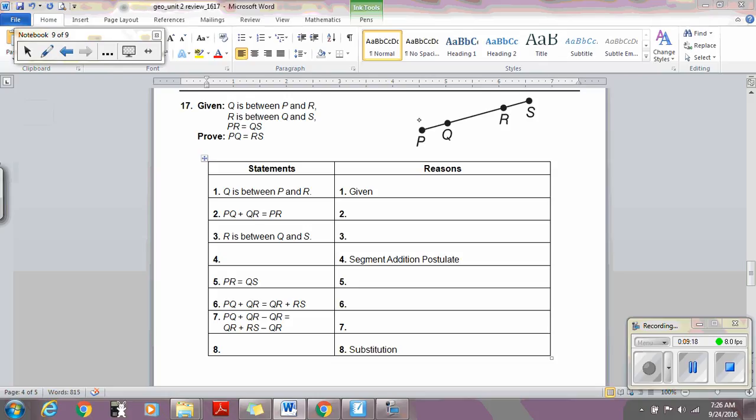So PR, if you look at the figure, represents a whole. PQ represents part of that whole. QR represents another part of that whole. So we have an example of part plus part equals whole, so that means it's segment addition postulate.